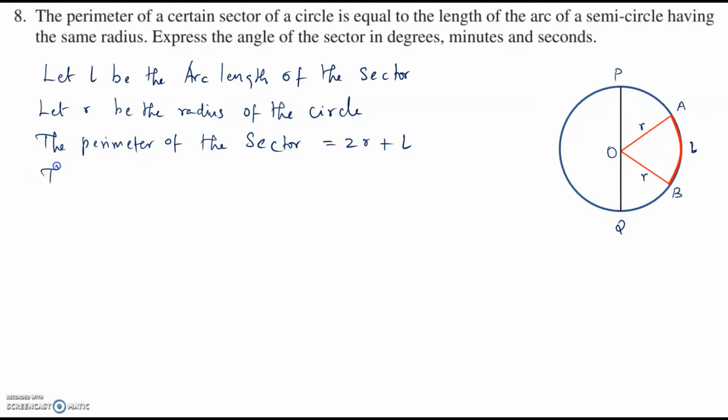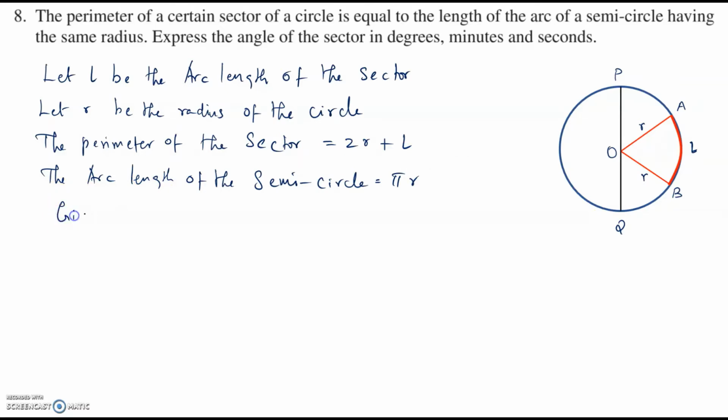So the arc length of the semicircle, from P to Q, would be pi r. We know the circumference is 2 pi r, so the semicircle will be half of it, so it's pi r. Now these two are equal.